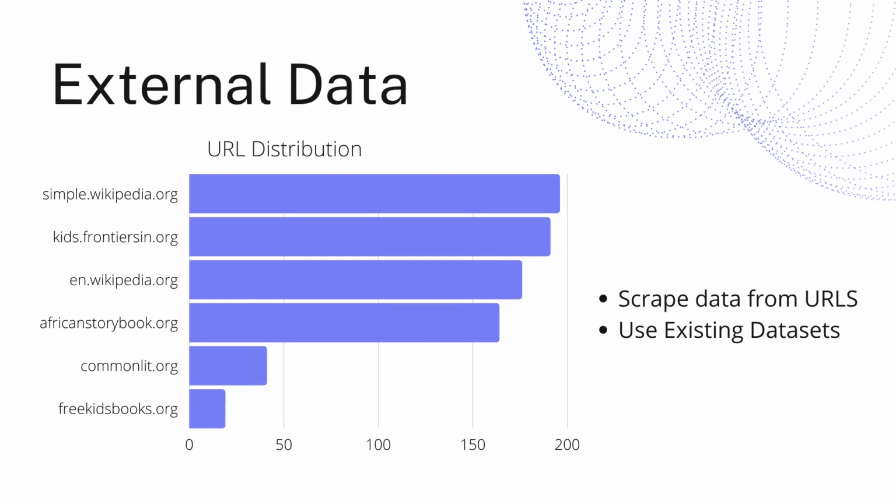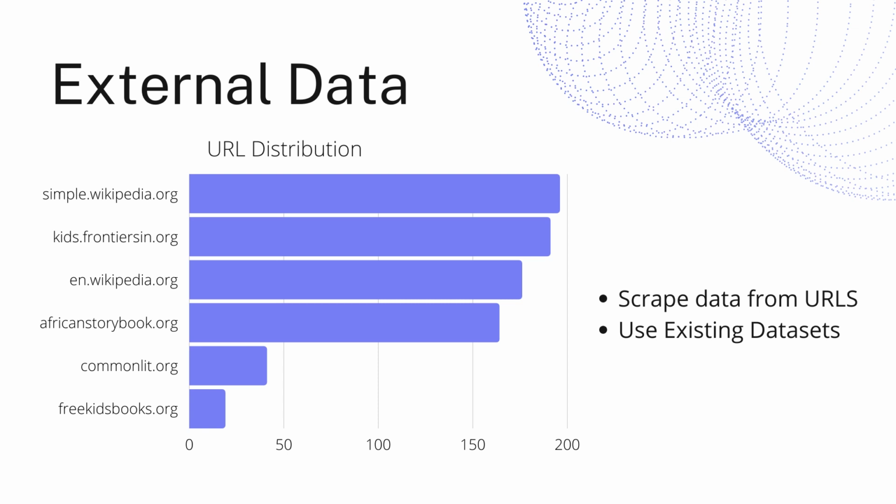Now, this is the distribution of the URLs. We have articles from Simple Wikipedia, kids.frontiersin.org, Wikipedia, Africanstorybook.org, commonlit.org, and many more.